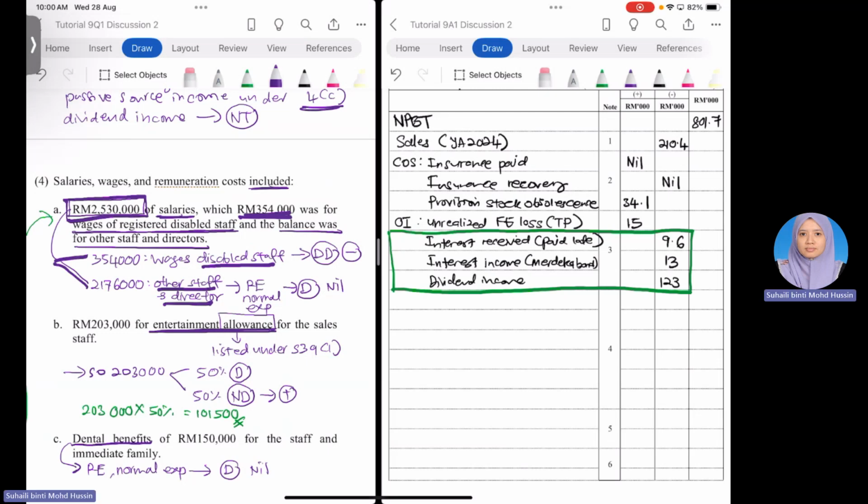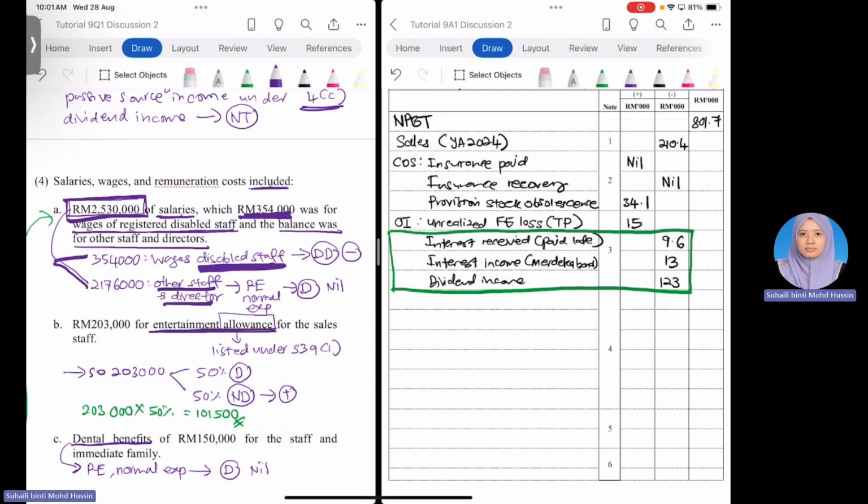Okay, alright. So when the company hired the disabled staff and paid the wages, the government allowed to deduct double. Okay, the government allowed the company to deduct double expenses. So in the SOCI, 354,000 ringgit already deducted.